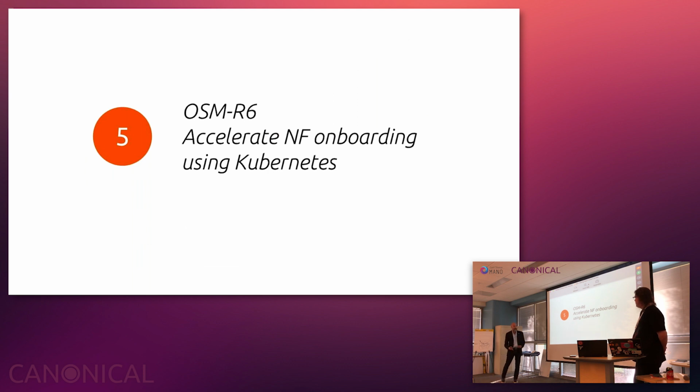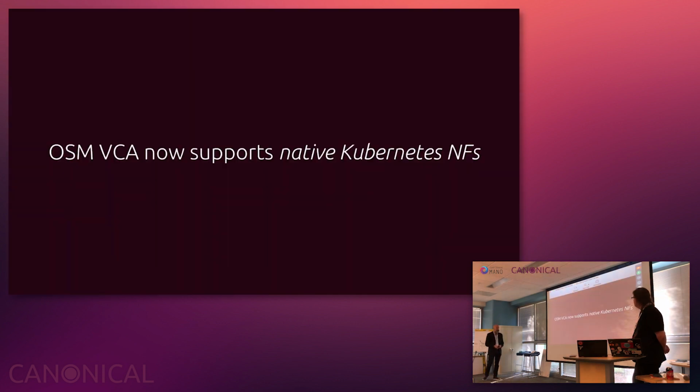Okay, so looking forward, in OSM Release 6, we should now have the ability to operate with OSM network functions on Kubernetes. I mean, what have you seen? You've seen the VCA running software in a very nice, easy way on Kubernetes, right? And providing a nice, clean interface to all of that. So why can't we use that for network functions?